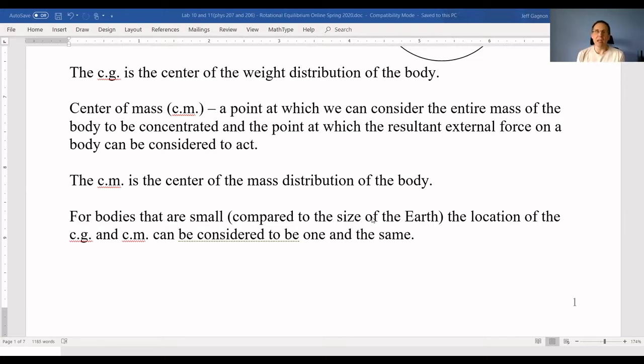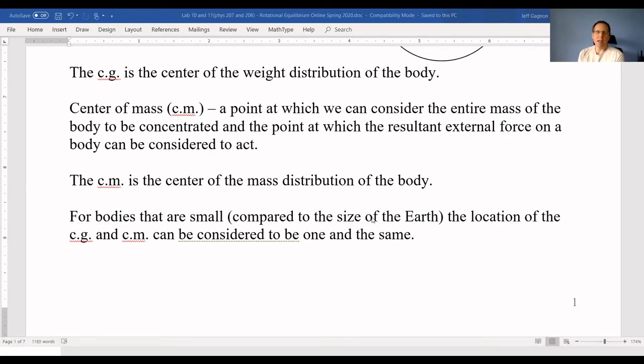So in effect, there really is a slight difference, especially if you have a very tall object at the surface of the Earth. There is a slight difference between the location of the center of mass and the location of center of gravity. Center of mass would just depend on the mass of the object.